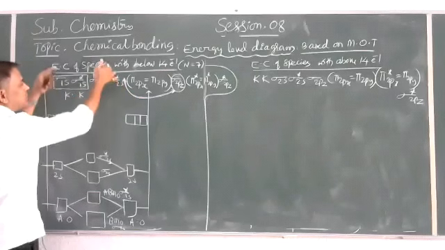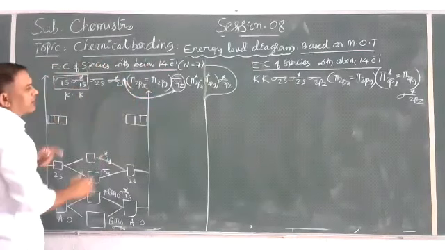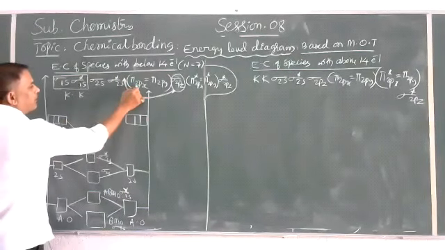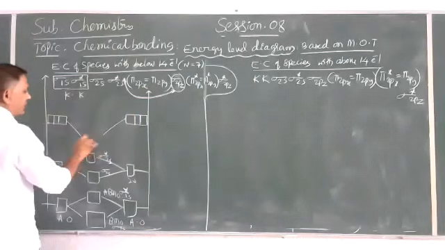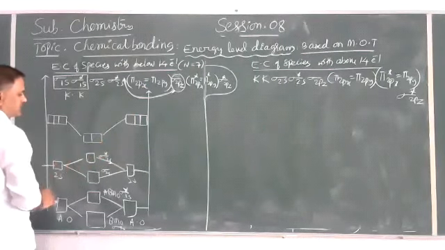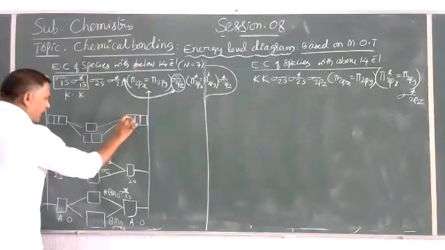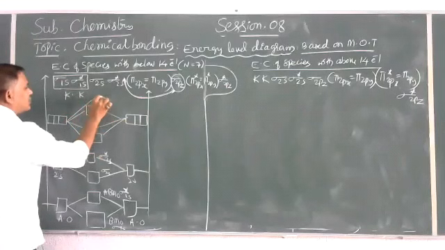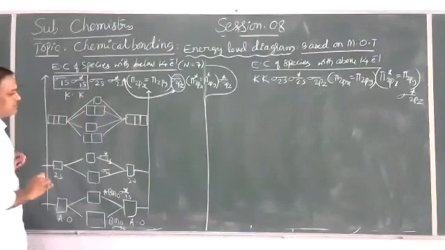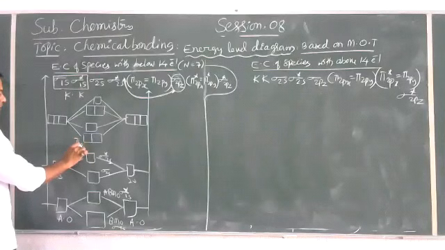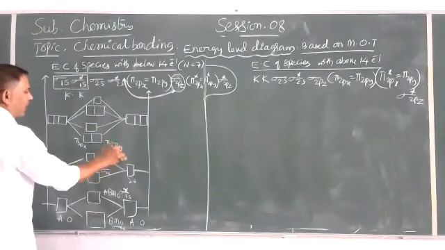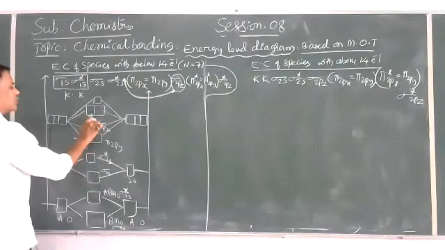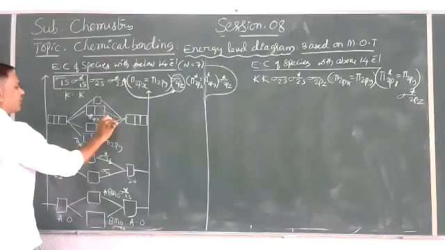But in this arrangement, for below 7 atomic number, up to 7, that is 14 electron molecular species, pi 2px and pi 2py have lower energies. That's why the lower energy is this. The next one is 2pz, but the higher anti-bonding molecular orbitals are the same. This is the pi 2px and this is the pi 2py. This is sigma 2pz. This is the pi star 2px, pi star 2py.